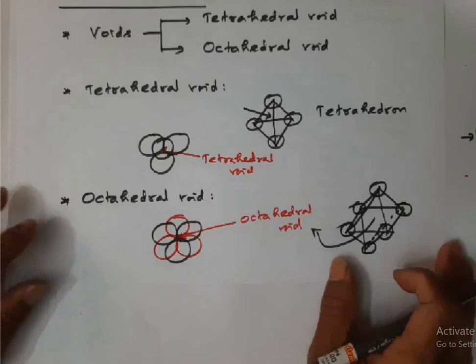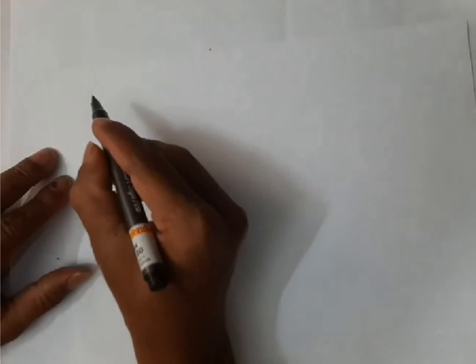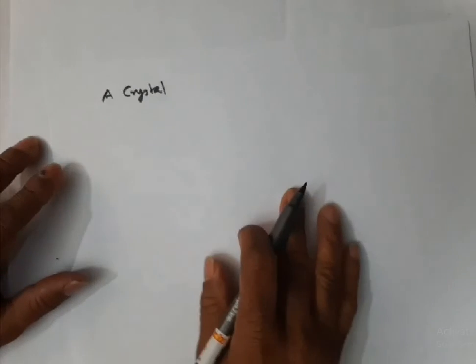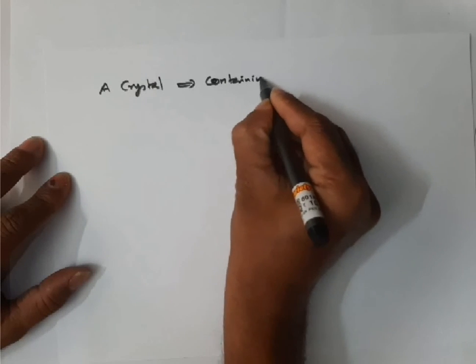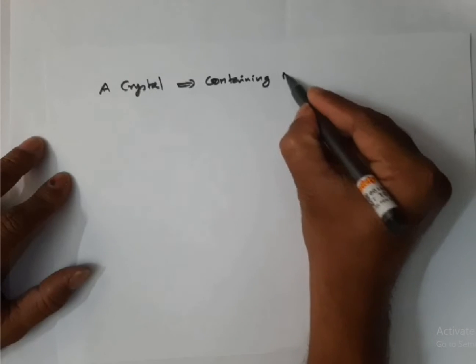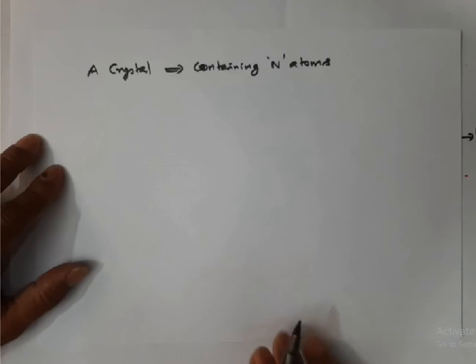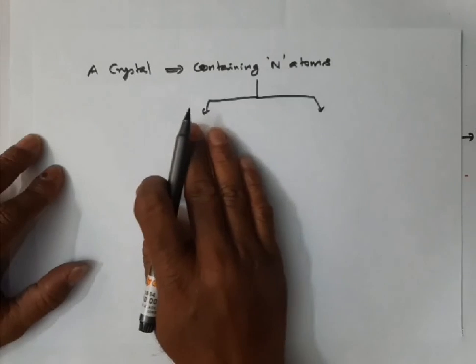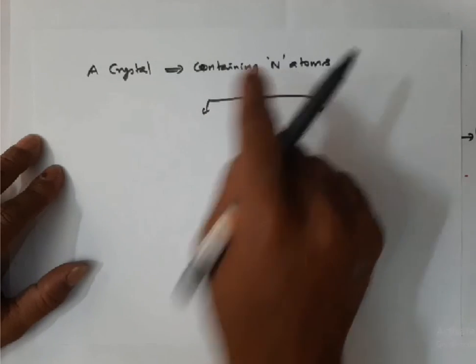Then, one important thing you should keep in mind: suppose you have a crystal made up of n atoms. That crystal consists of tetrahedral voids and octahedral voids. How many of each will exist for a crystal containing n atoms?